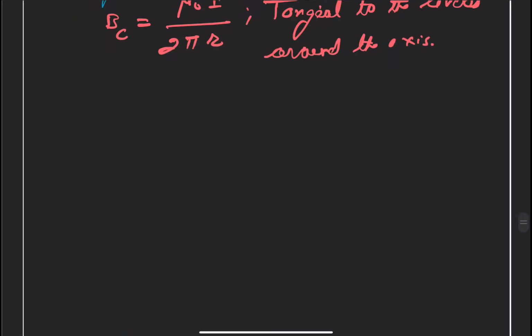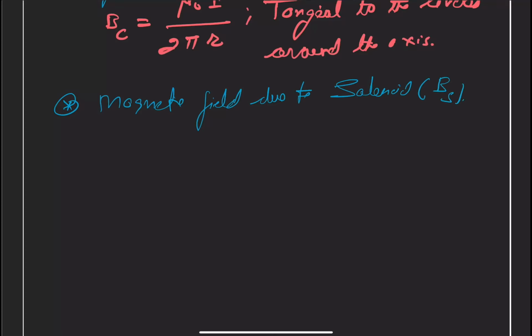Now we come to the solenoid part. So magnetic field due to solenoid, let us call that Bs.